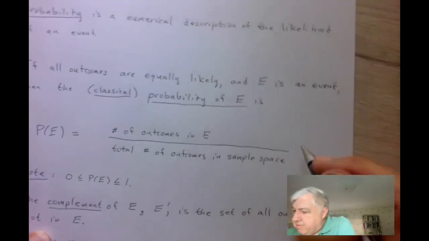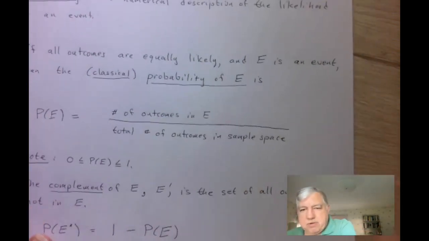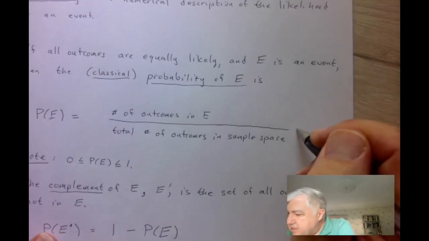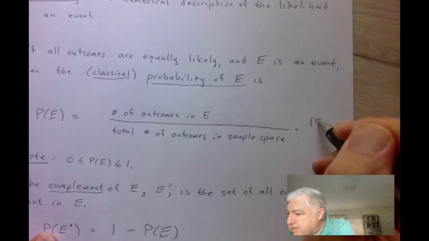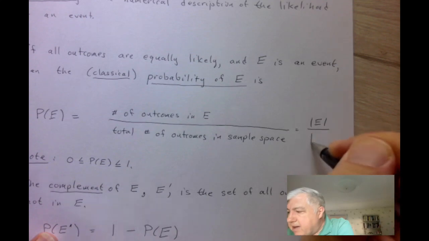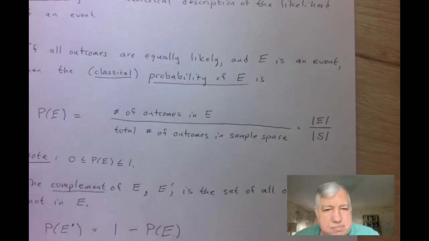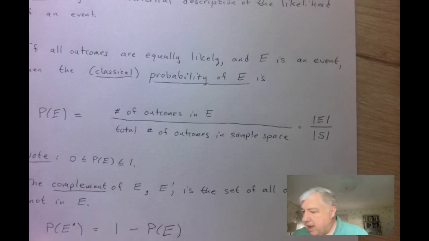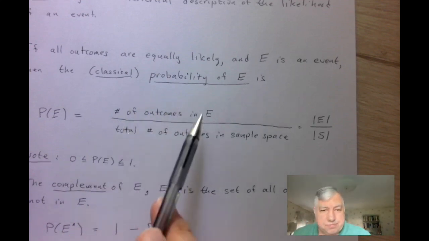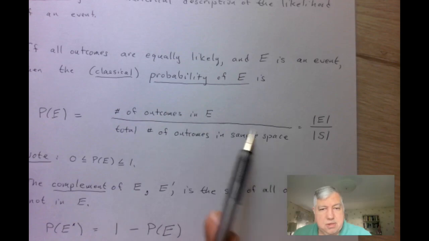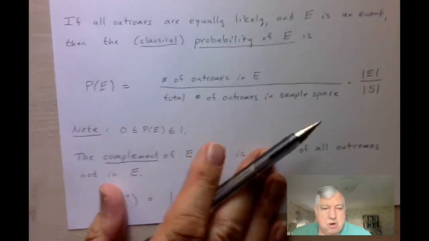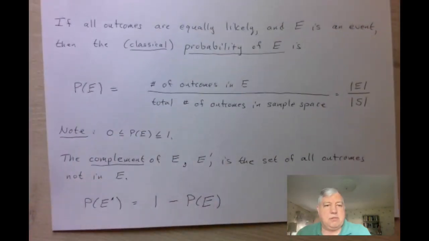For those of you who are familiar with set theory notation, this would just be the size of E divided by the size of S, size of the event divided by the size of the sample space. And because this numerator is always less than or equal to the denominator, the probability is always going to be between 0 and 1.